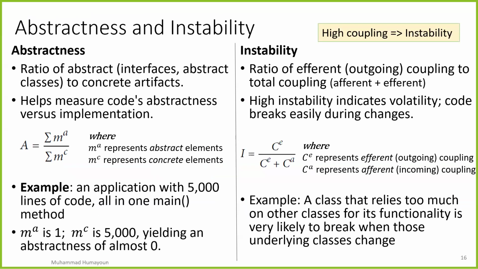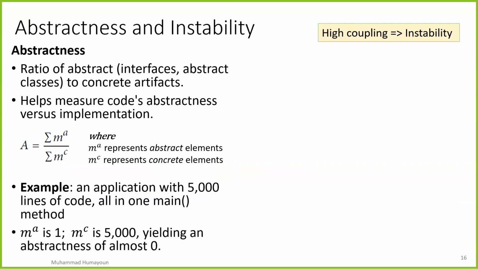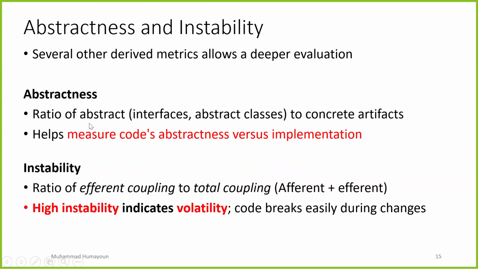So what is abstractness? If you go back in this slide, it is simply a ratio of all the abstract elements you have in your code, divided by all the concrete artifacts you have. The simplest way to find out how many concrete artifacts you have is to count the lines of code.